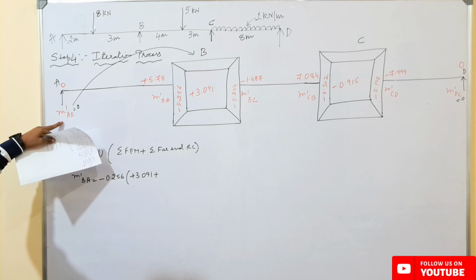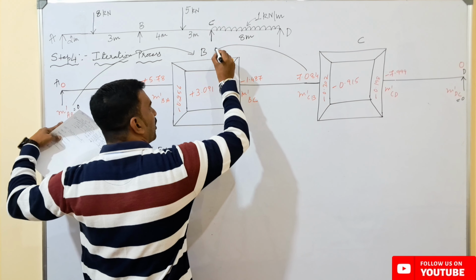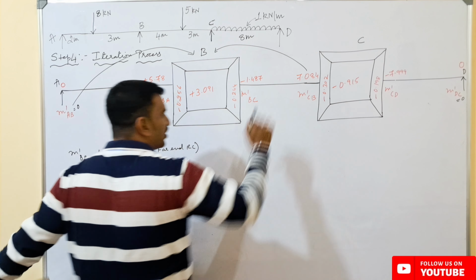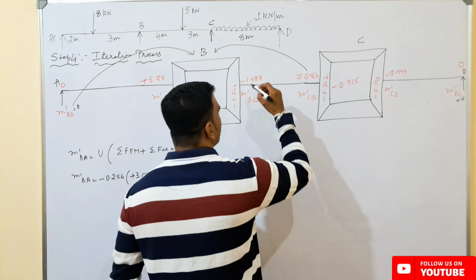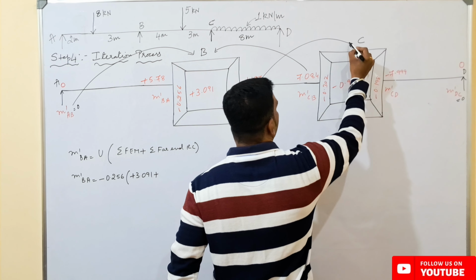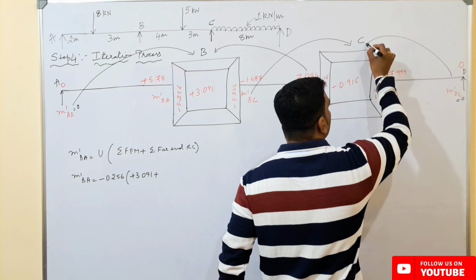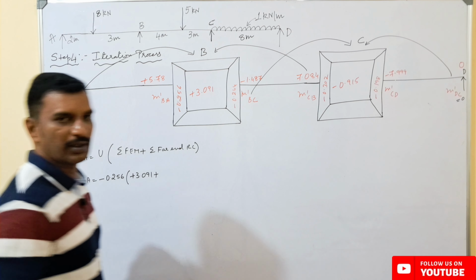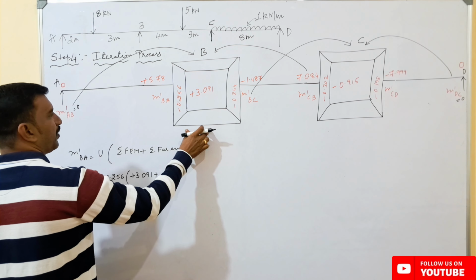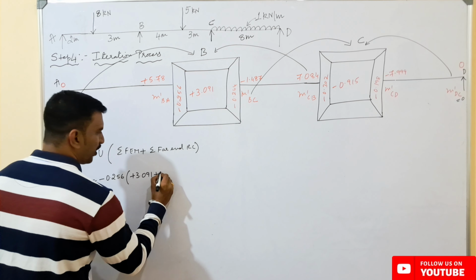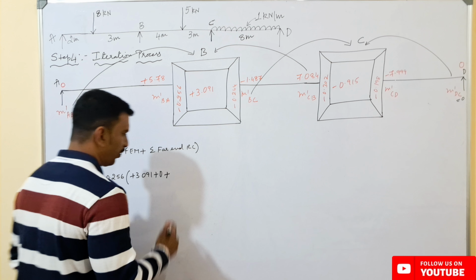So this value I have to consider. Similarly, if I come for this side, this is the far end rotation contribution, so I have to consider the value of M dash CB over here. So for point C, M dash BC will be the far end rotation contribution, and here M dash DC will be the far end rotation contribution.